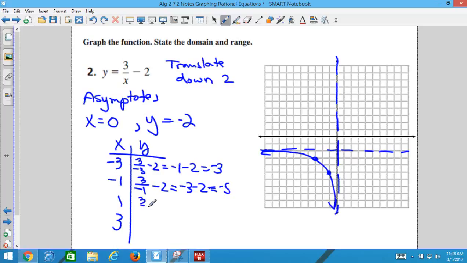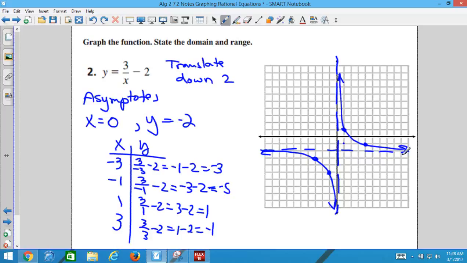I plug in 1, I get 3 over 1, minus 2, so 3 minus 2 is 1. That's not right. What did I do wrong? Oh, that's what's wrong. I just grabbed it wrong. Thank you. I knew something didn't look right. All right, and then we put in 3, and 3 over 3 minus 2. That's 1 minus 2, so that's... And we have our branches.